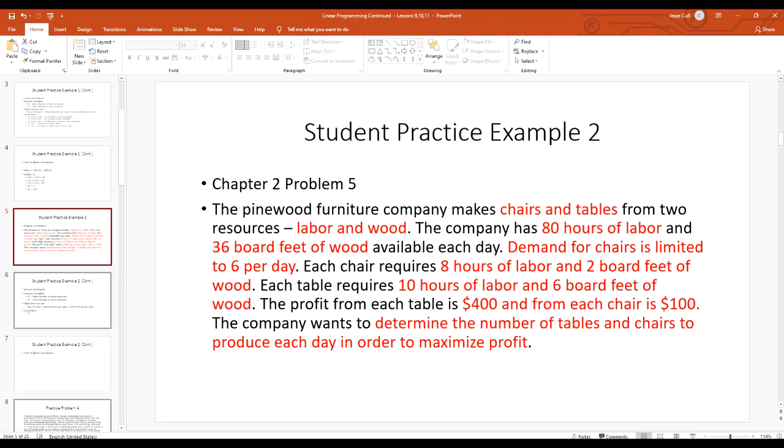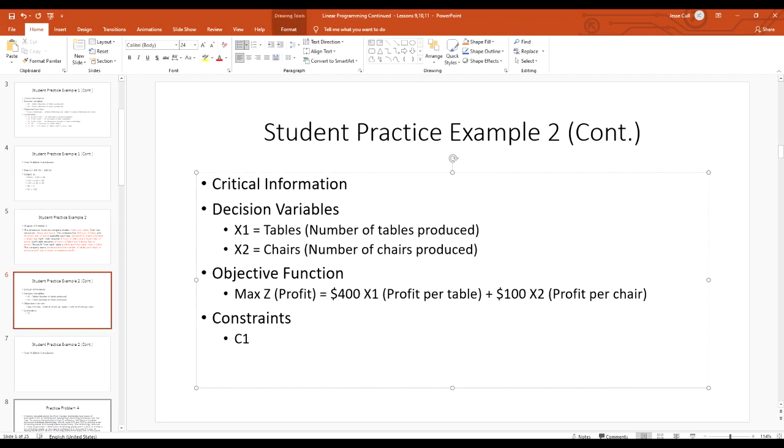So we come back here, and C1 is equal to 10x1 labor per table plus 8x2 labor per chair, and it must be less than or equal to 80, which is the amount of labor available.